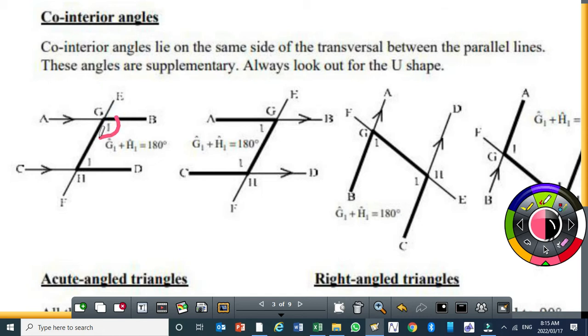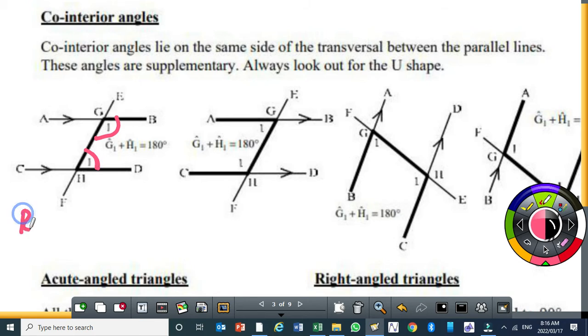So, angle G1 plus angle H1 gives you 180 degrees. Both angles are on the same side of the transversal, and they are between the two parallel lines.